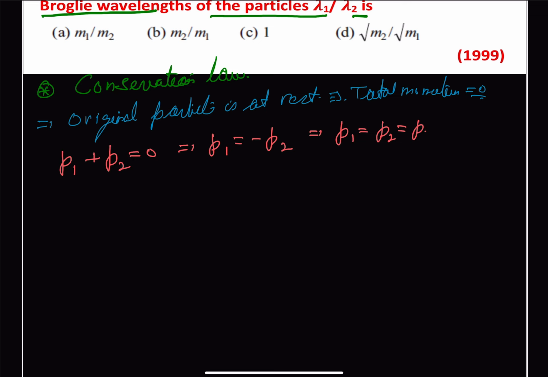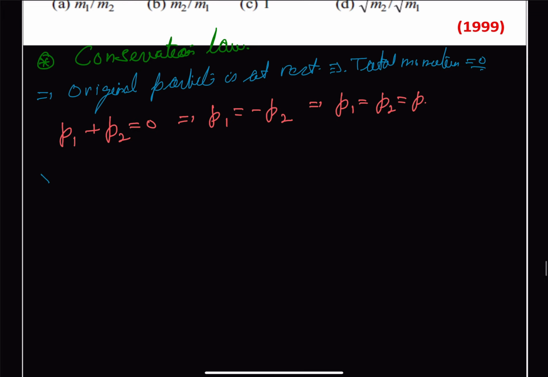So we can also say that both are with equal momentum but in opposite direction. And the de Broglie wavelength, which is our lambda, is equal to h upon p.